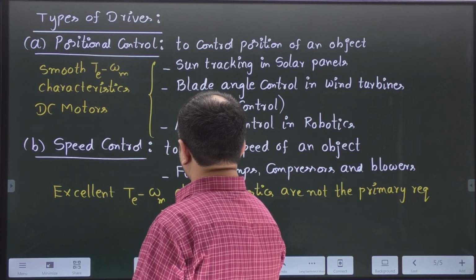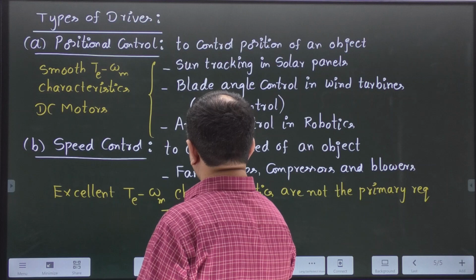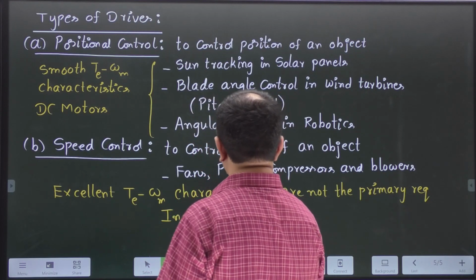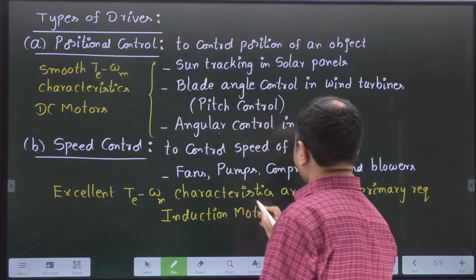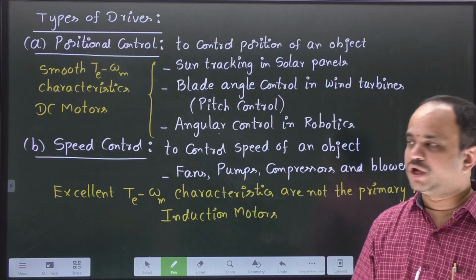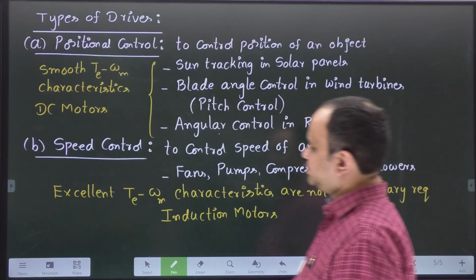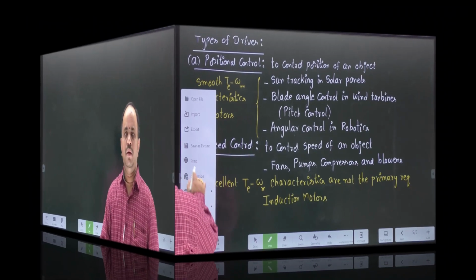Therefore, in these applications, we can prefer induction motors, right? So, these are the basic types of electric motors.